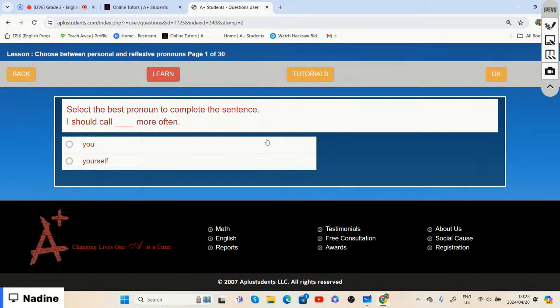So if you need to refer to someone else, if you need to call someone else, do we say I should call you more often or I should call yourself more often?